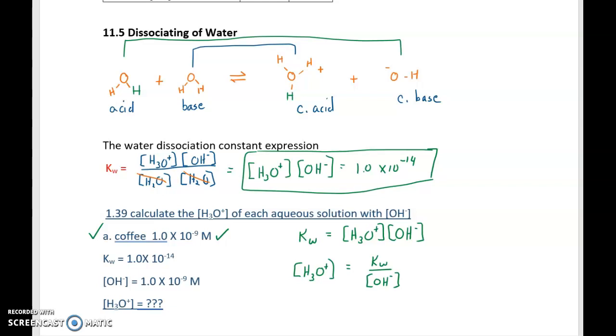So then we can just substitute in. We've got 1.0 times 10 to the minus 14th divided by 1.0 times 10 to the minus 9th. And this is going to be equal to 1 times 10 to the minus 5th molar.